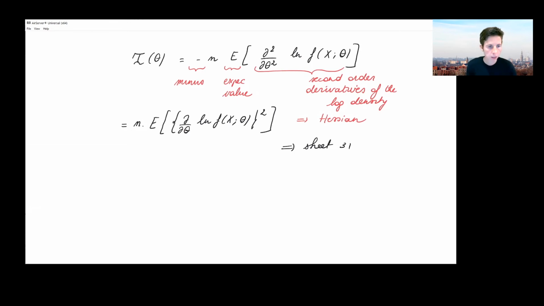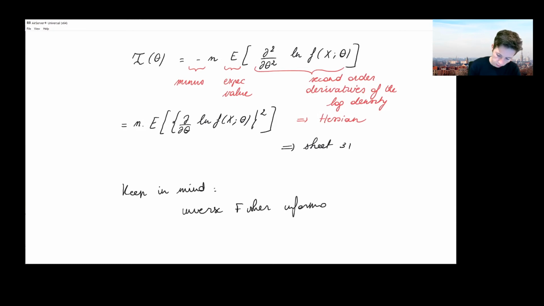And keep in mind the reason why we bother about this Fisher information matrix is because if we look at the inverse of the Fisher information matrix, it's going to give us the variance of our MLE estimator, right?